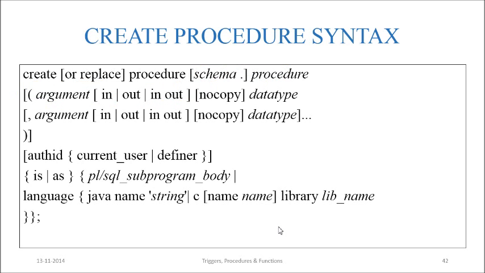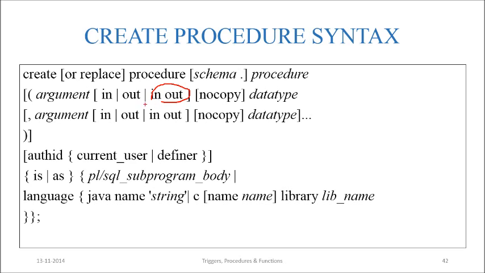The in qualifier specifies that we must specify the values while calling the procedure, and the out qualifier specifies that the procedure passes a value back to the caller through this argument, and the in out qualifier specifies that the procedure takes the argument, which must be specified with a value when it is called, and the procedure will return a value to the caller via the argument. If no qualifier type is specified, then the default is in.